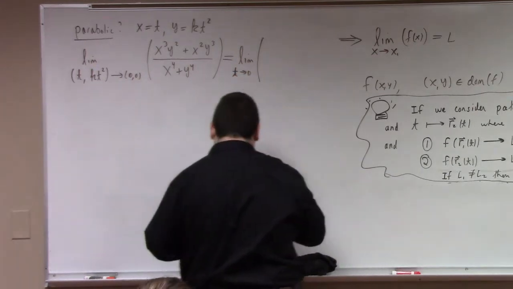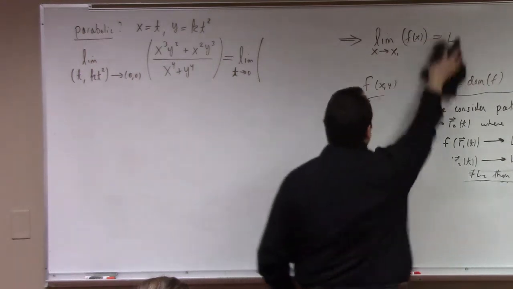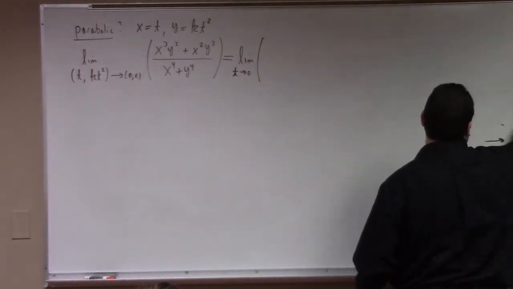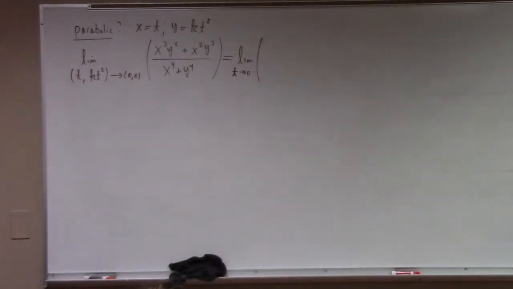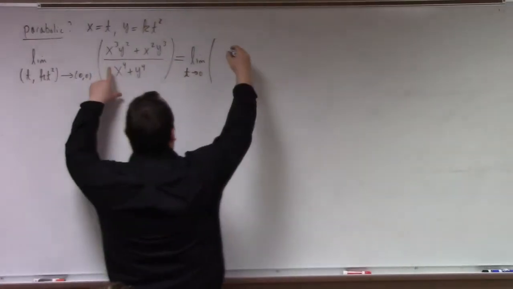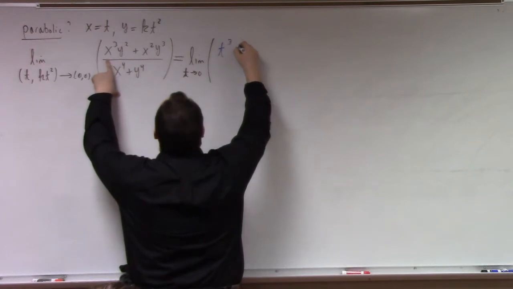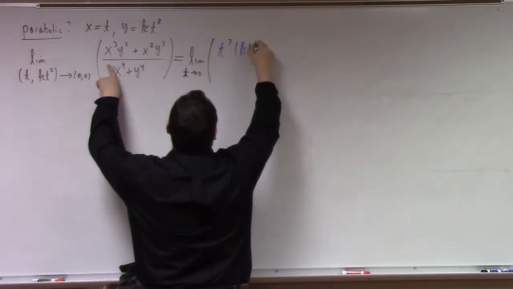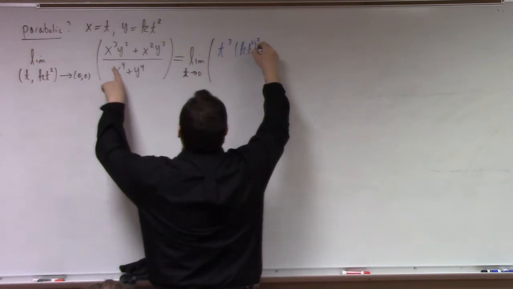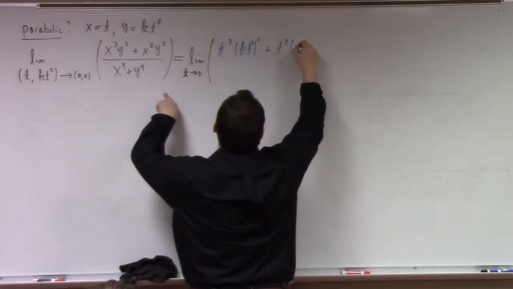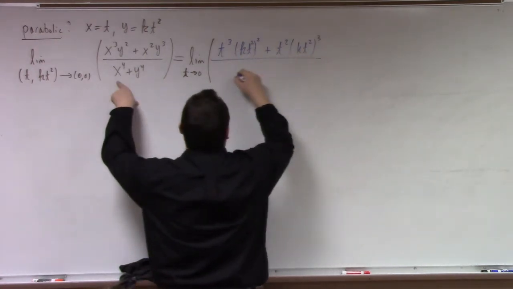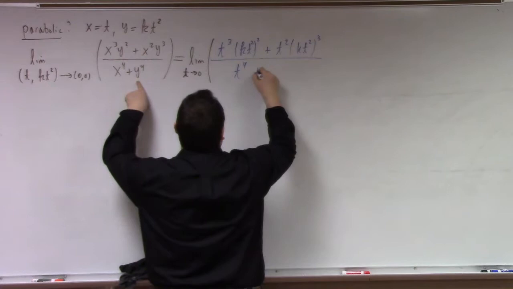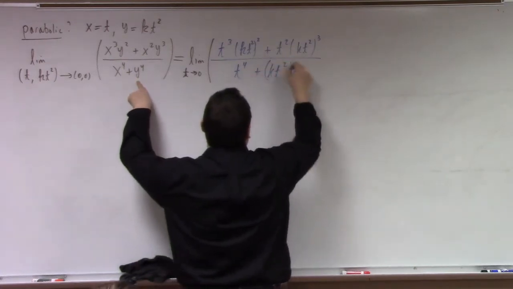Is that any help? Am I still wasting our time? So this gives us a t cubed times kt squared squared, rather, plus t squared times kt squared cubed, divided by t to the fourth plus kt squared to the fourth.